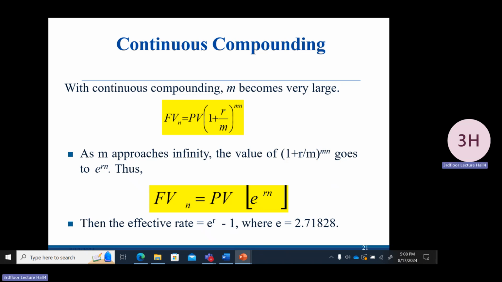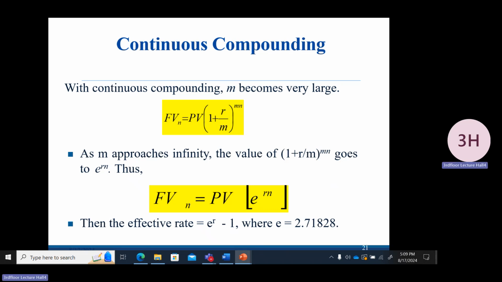So with continuous compounding, future value is equal to our investment of 300,000 into e to the power rn. So e is always 2.71828, to the power rn. r is 12%, n is 1.